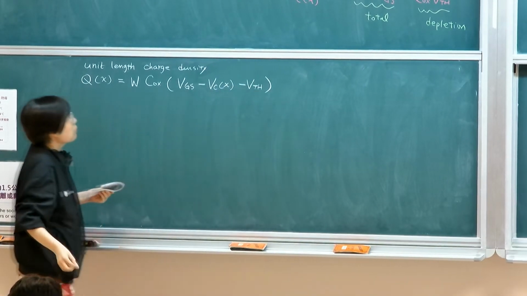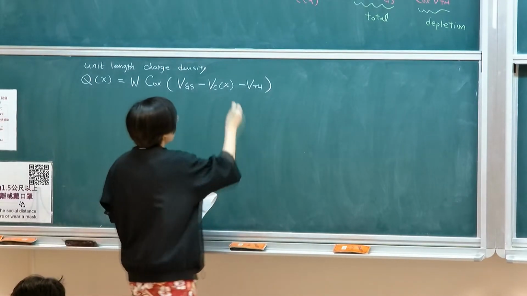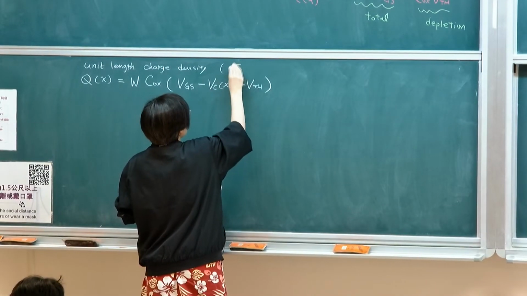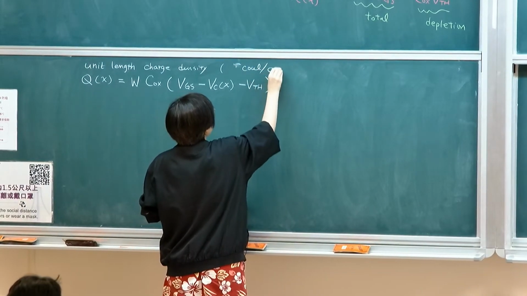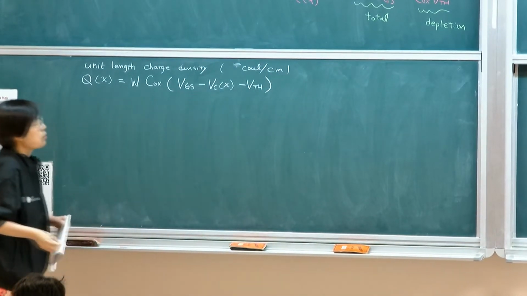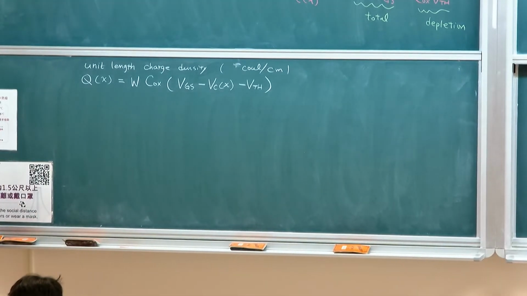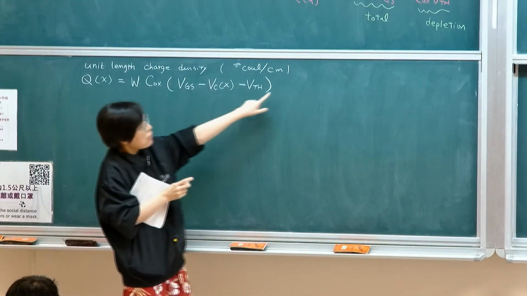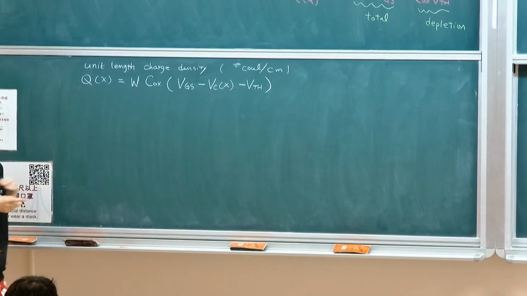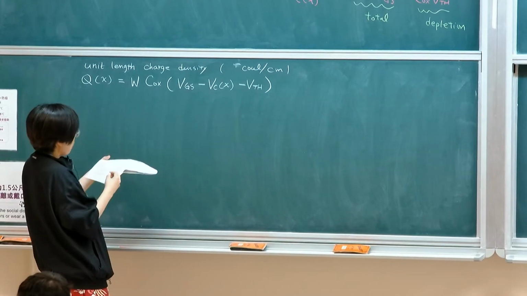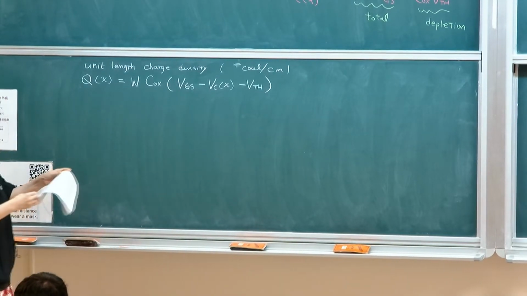Okay? This is in the unit of coulombs per centimeter, because this is per unit length. So there's one dimension less. You have to multiply by the distance dx in order to become the real amount of charge.